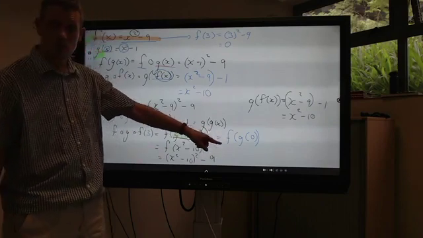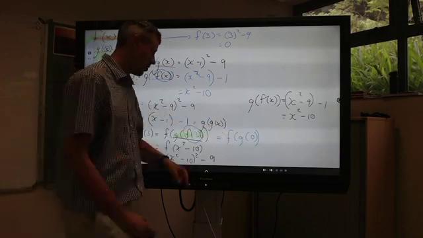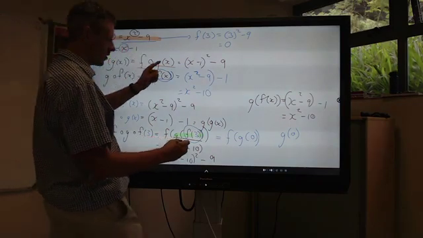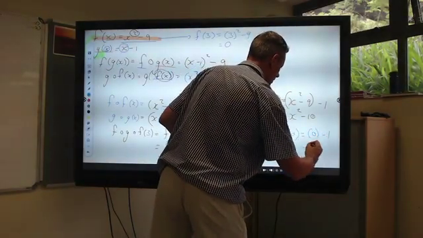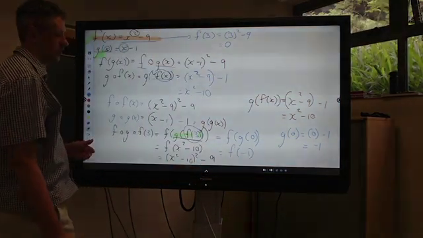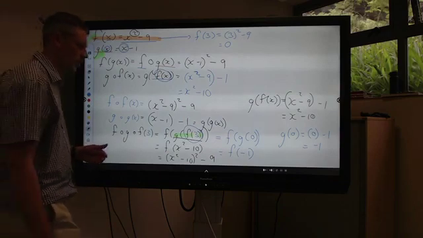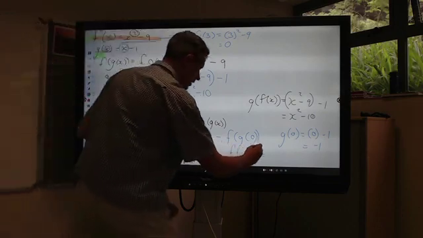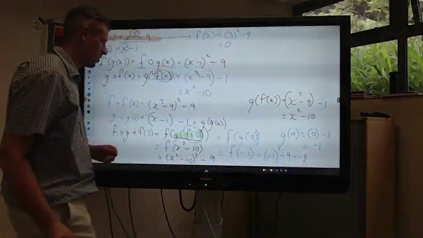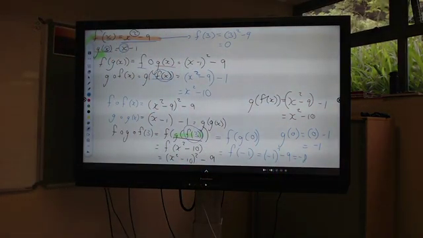Now you do g of 0. So g of 0: 0 minus 1. So this is then f of negative 1. And this is then negative 1 squared minus 9. And this is negative 8. So you literally take this a little bit by little bit by little bit. Start from the inside, work out.